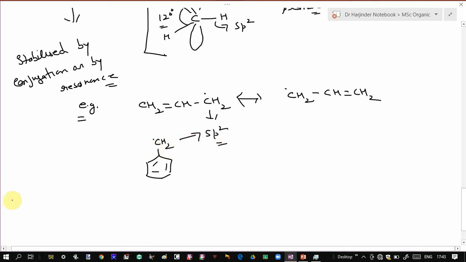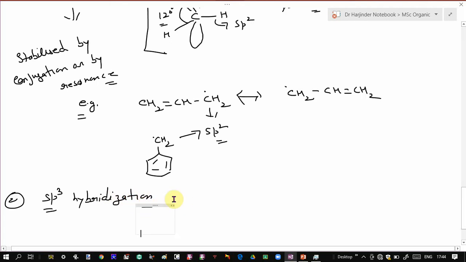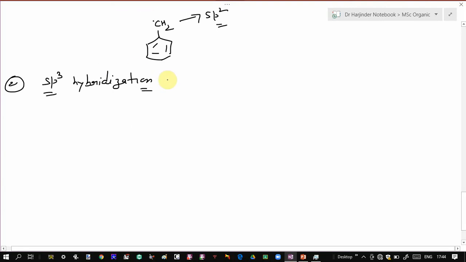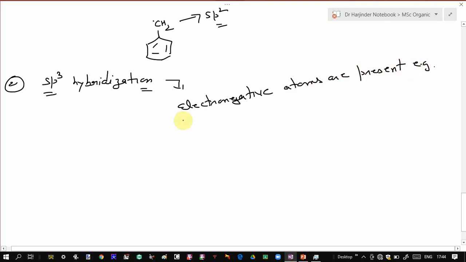At the same time, some free radicals may have sp3 hybridization. So these free radicals may have sp2 hybridization, they may have sp3 hybridization. And this sp3 hybridization is mostly in cases when highly electronegative atoms are present with carbon. So when highly electronegative atoms like fluorine are present, in that case they have sp3 hybridization.